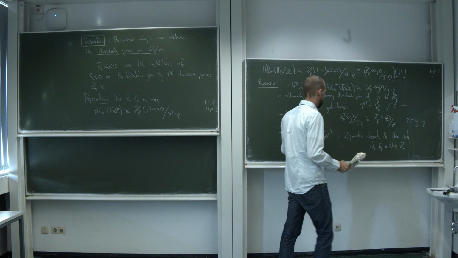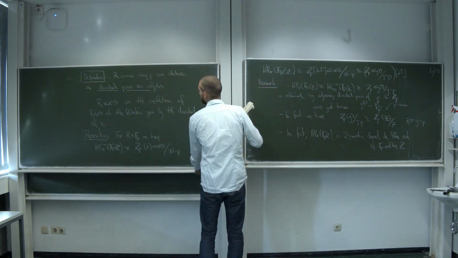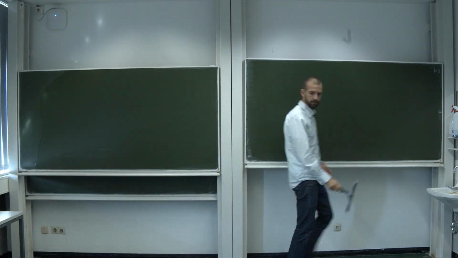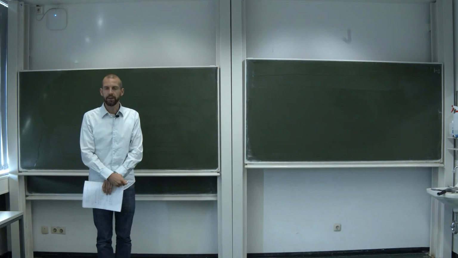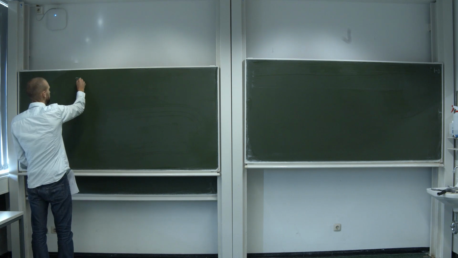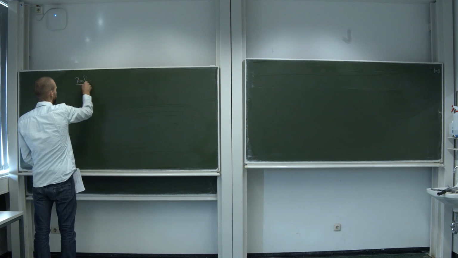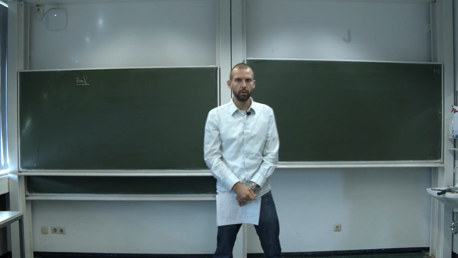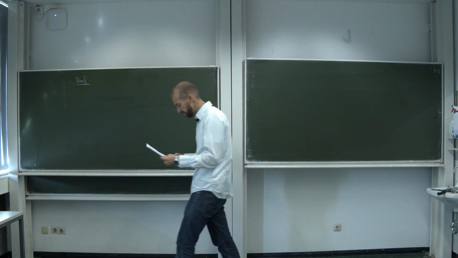Now we'll prove that after cleaning the board. Okay, so we want to prove our result. We want to prove or compute negative cyclic and periodic homology of Fp relative to the integers.